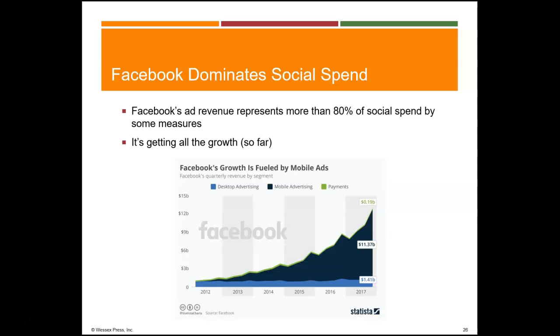Facebook dominates social spend. We already know that during 2017/2018, Facebook was dominating mobile ads and also social media spend. Right now, they have Facebook Marketplace. So our fourth extra credit question: which app do you use that influences your purchasing patterns?